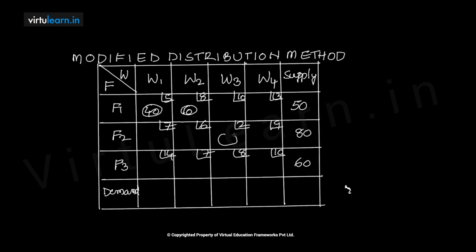Here 80, here 25, 5, here 30. So this is the allocation for these demands. Anyhow, this is a solved problem. We are taking the same values and we check for optimality.